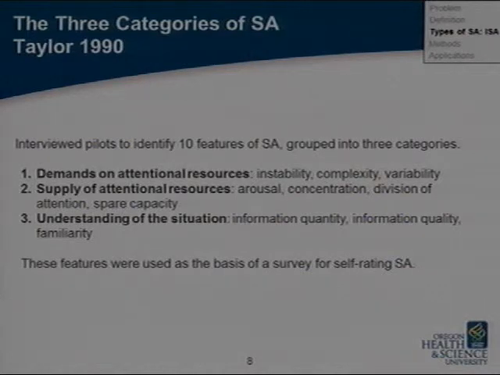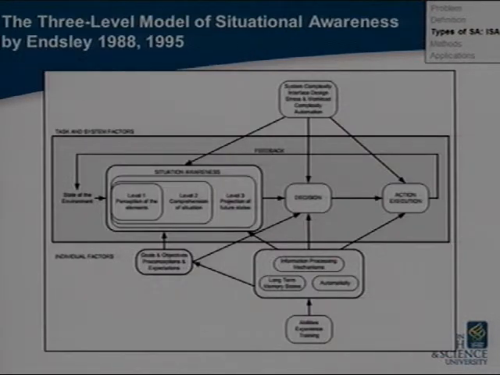Now, the next big model was proposed by Endsley. Endsley embedded the concept of situational awareness within a human cognitive information processing model. As humans, we have basic resources in terms of a certain supply of attention and memory. We have the capability to make decisions and make sense of the world.